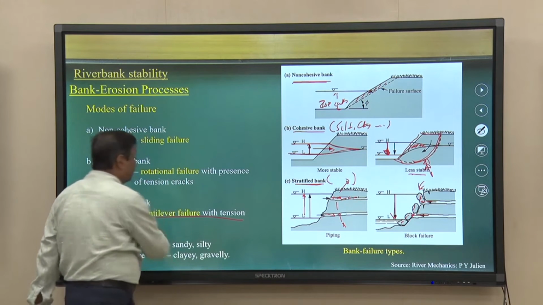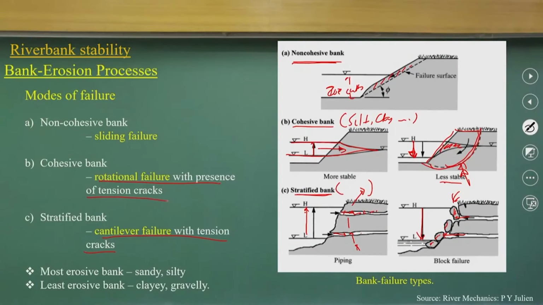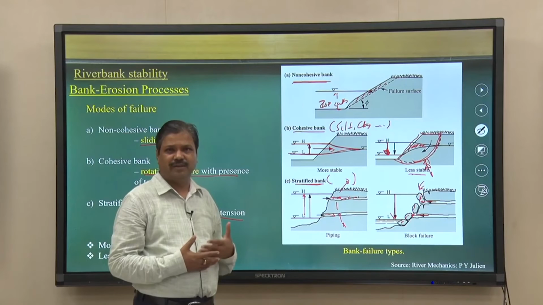Cantilever failures with a tension crack, rotational failure with pressure and tension cracks, and sliding failure. These are the basic failure mechanisms, and we should try to understand them, go to the field, observe the bank erosion process, and understand what type of mechanisms are happening in the field. That is more important before stabilizing the river bank.